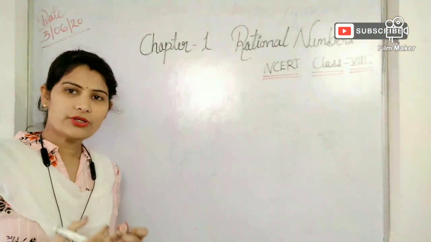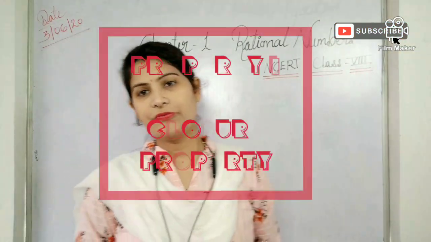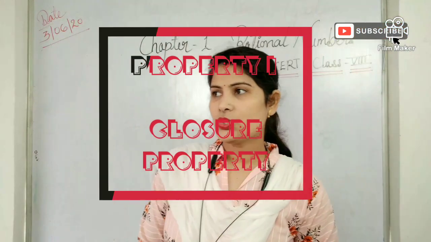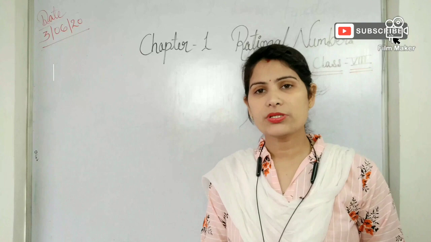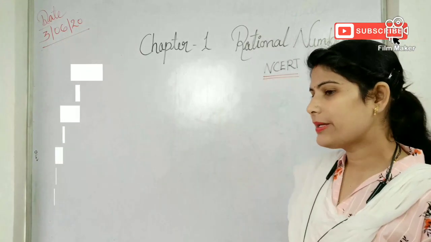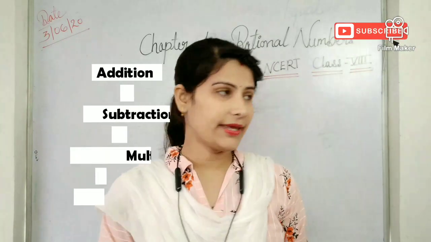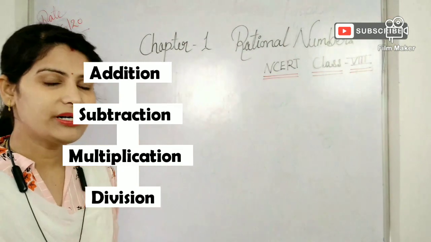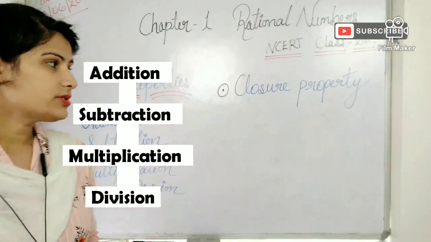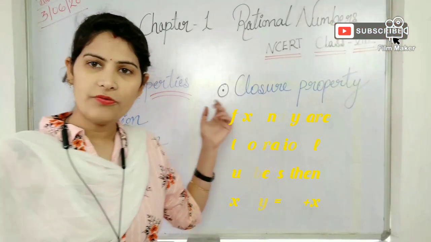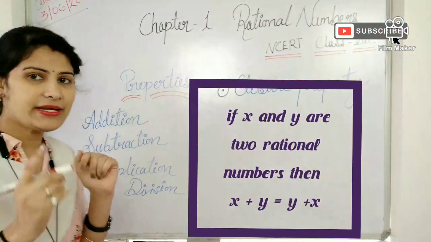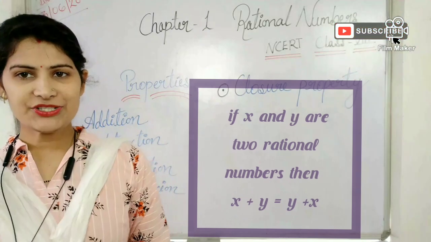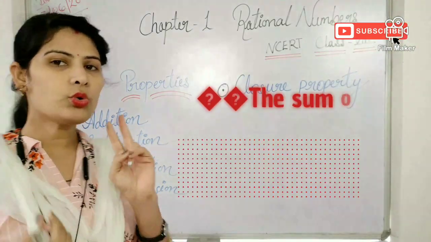Now we are going to start the properties of rational numbers. First of all, we have to know about closure property. What is closure property? Basically there are 4 operations: addition, subtraction, multiplication and division. First we have to check addition.